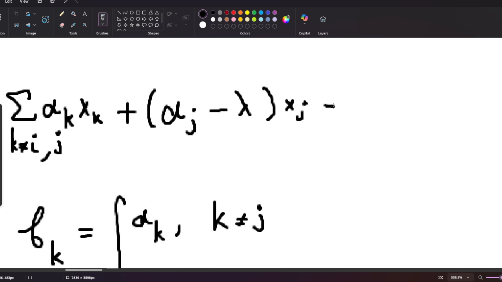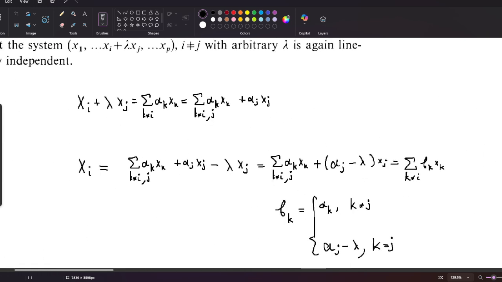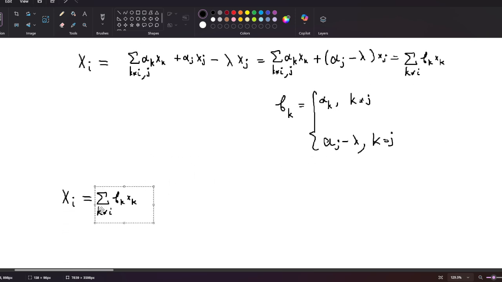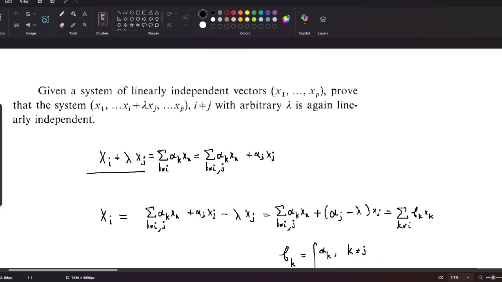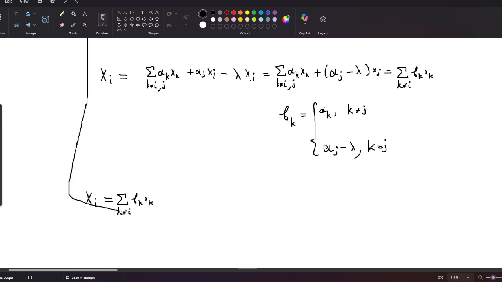So now we can rewrite it as a sum, bk xk, with k not equal to i. So essentially what we got is that the original statement that this is composable, in other words that this system is linearly dependent, is basically equivalent to this statement.